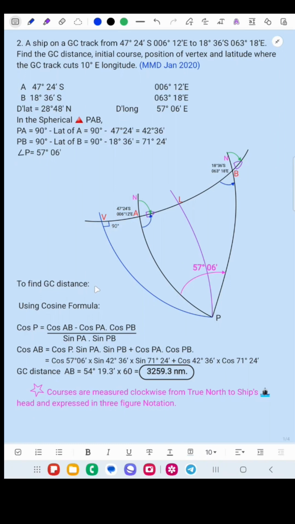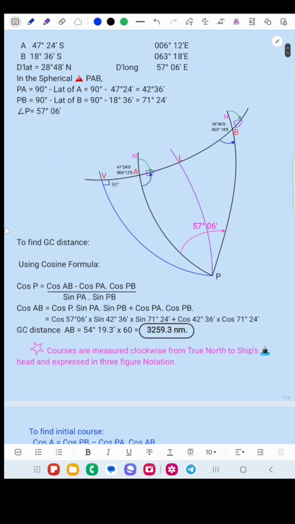So to find GC distance using cosine formula, cos of P is equal to cos of AB minus cos of PA into cos of PB divided by sine of PA into sine of PB. So cos of AB is equal to cos of P into sine PA into sine PB plus cos of PA into cos of PB.